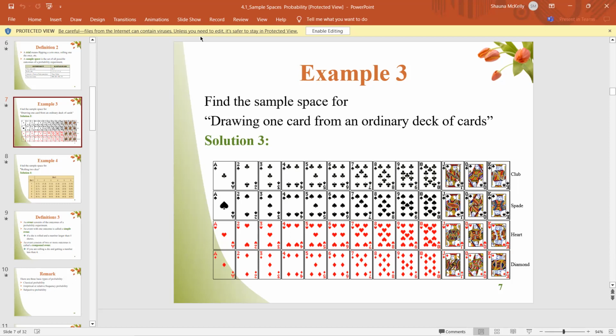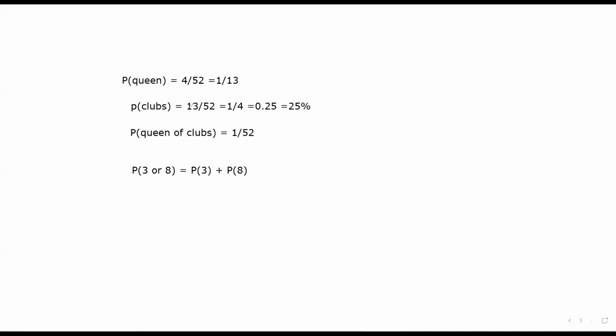Right, very good. If we want to write this out, the probability of 3 or 8 is going to equal 4 out of 52 plus another 4 out of 52.